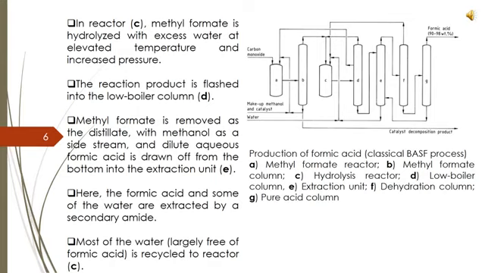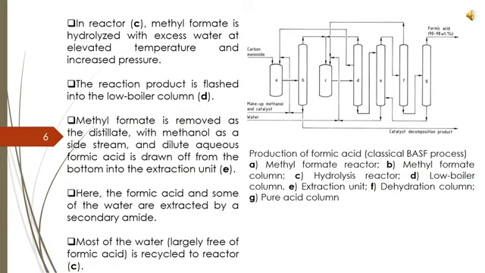You can answer very easily: excess water moves the reaction in the forward direction. So the reaction product is flashed into the low boiler column D, which is the next column.